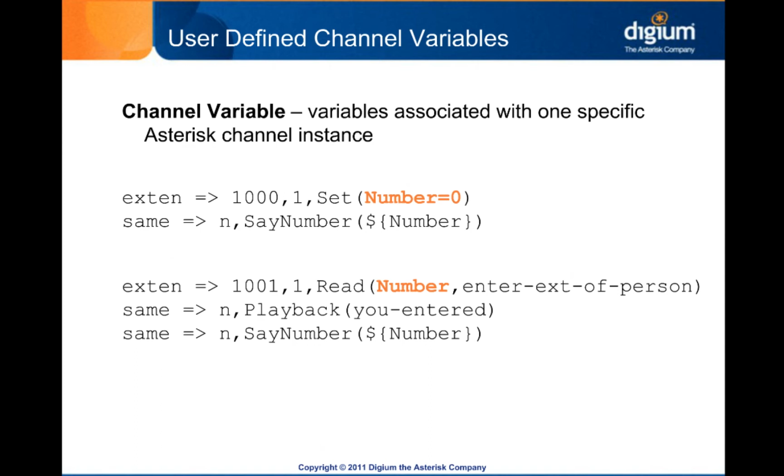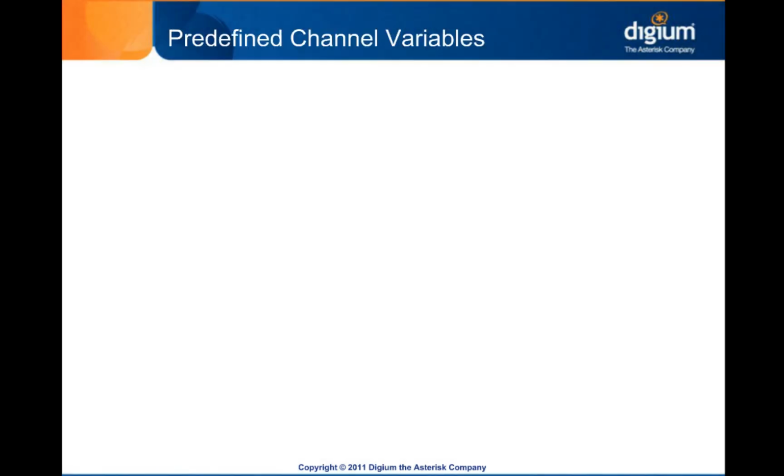Likewise, multiple calls can be made to extension 1001 at the same time, with each user inputting different values and having them tracked separately. When the same number application is invoked, it will say the value that has been set for the variable on its own channel. The final way for a channel variable to be set is for Asterisk to do it automatically.